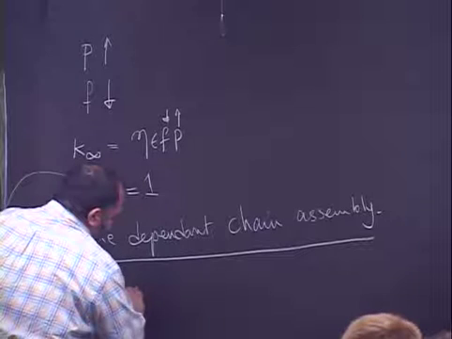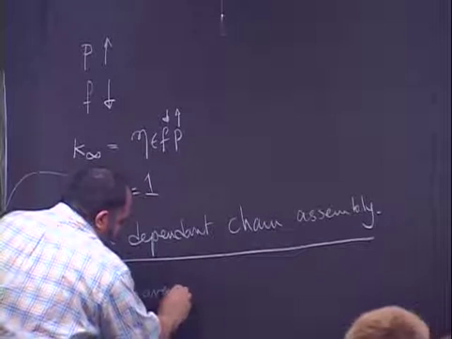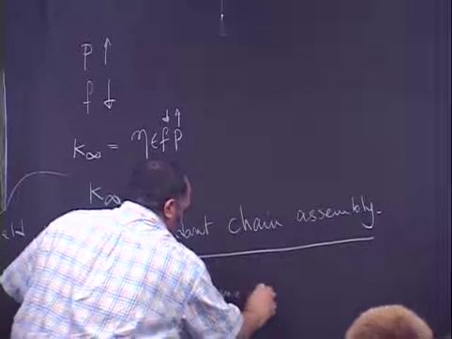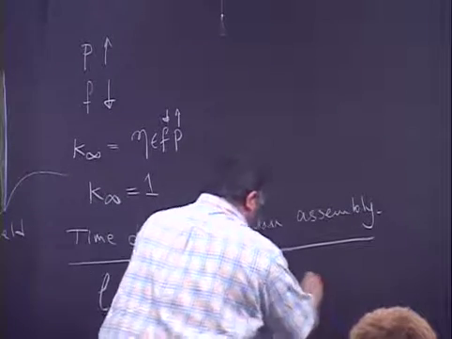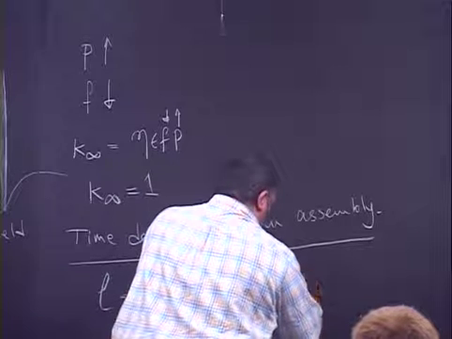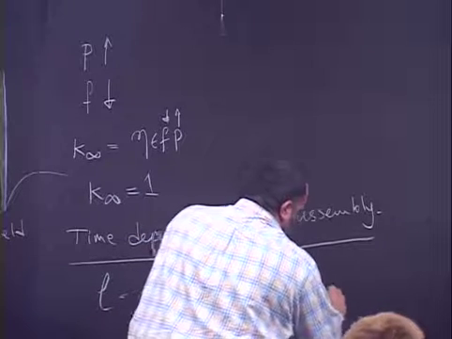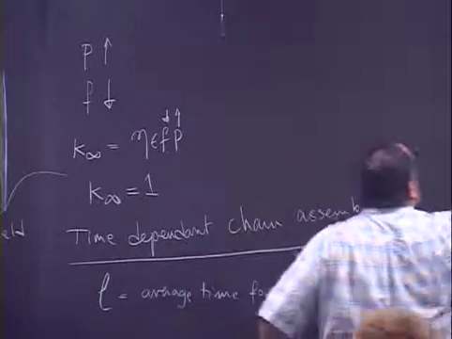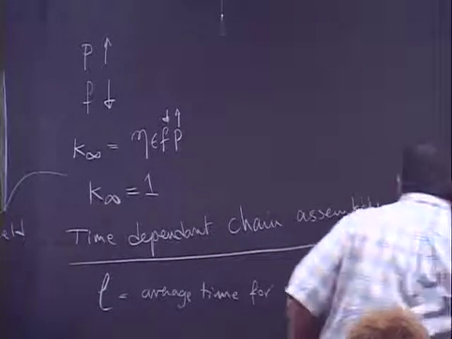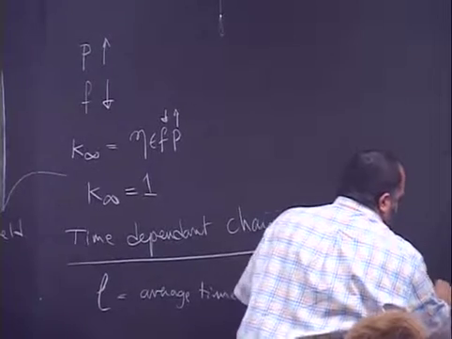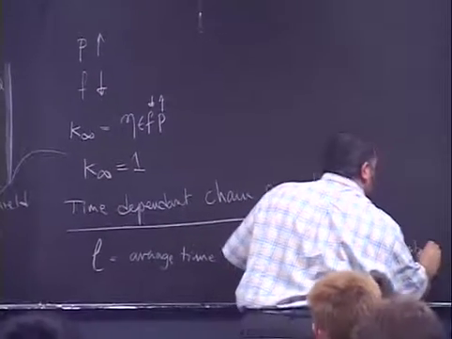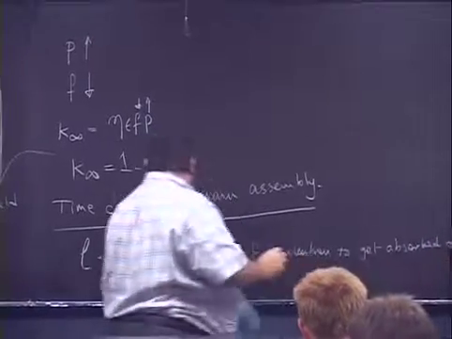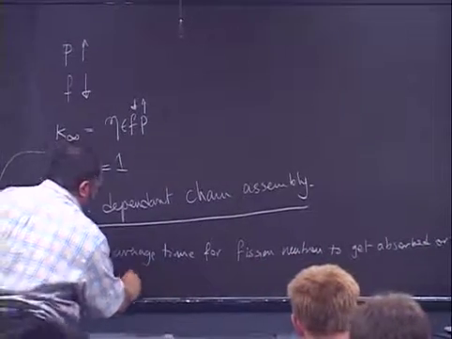So this is the average time for a fission neutron to get absorbed or leak out from the system.